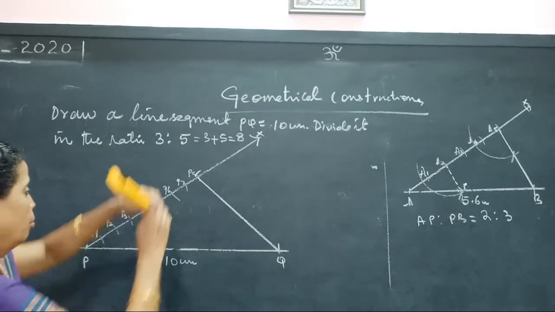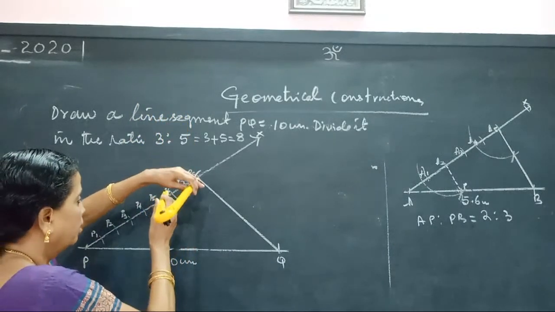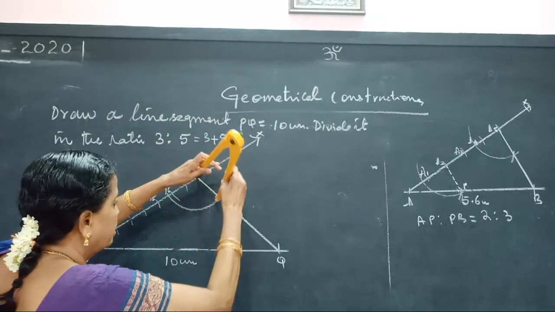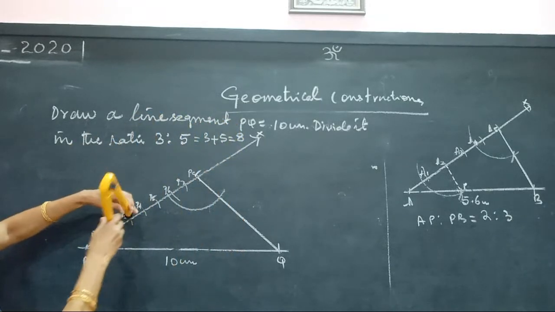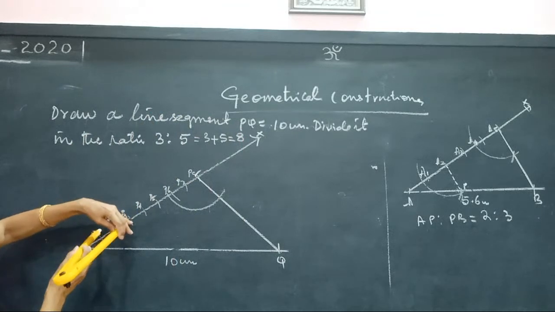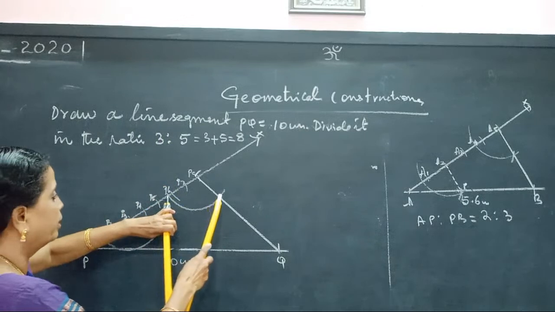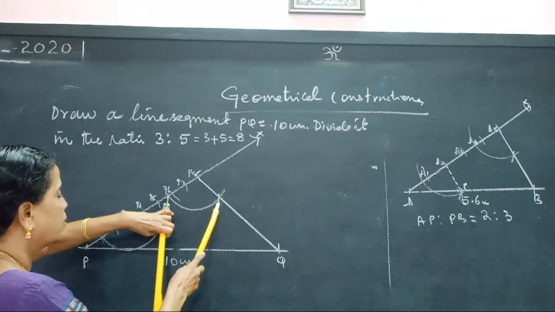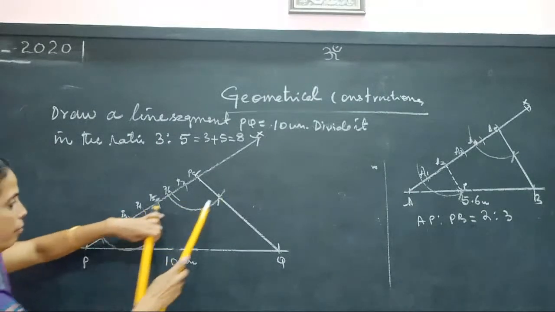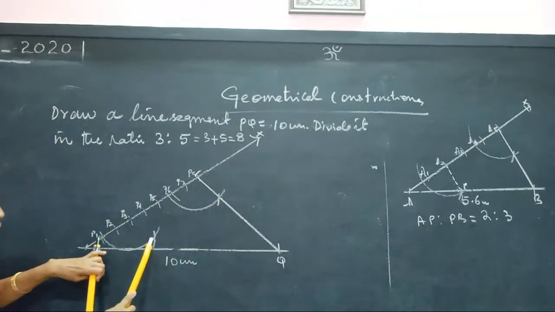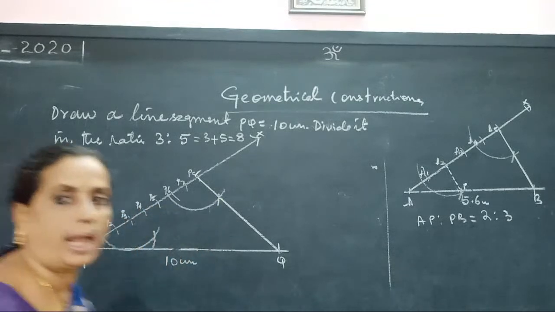So what you have to do? Make a convenient radius, any width, cut off this arc like this. Taking the point P3, draw an arc of the same width. Now take this width and cut it off here, so that we are making corresponding angles.